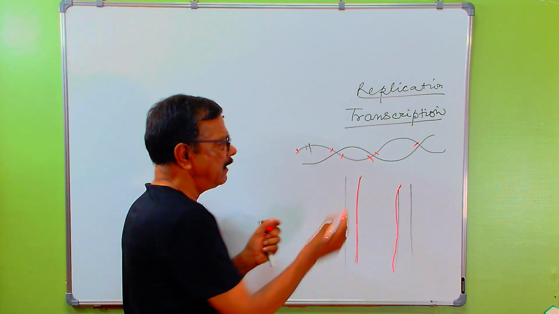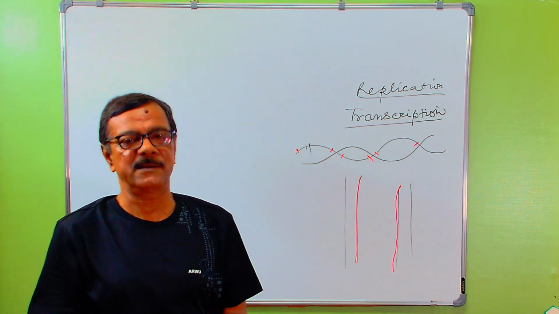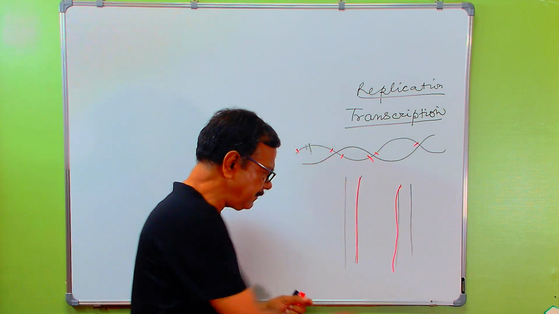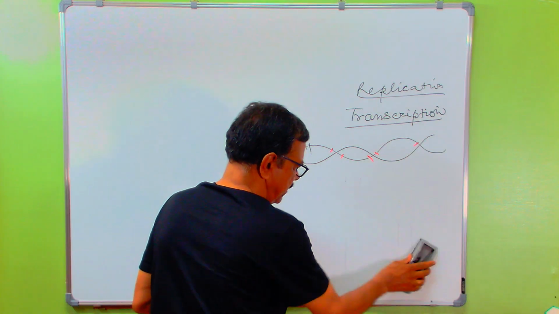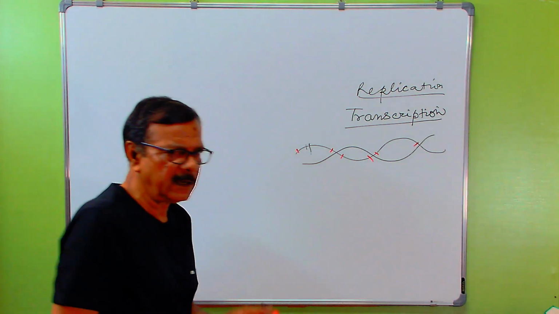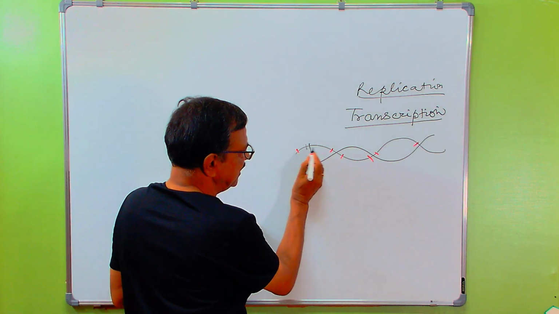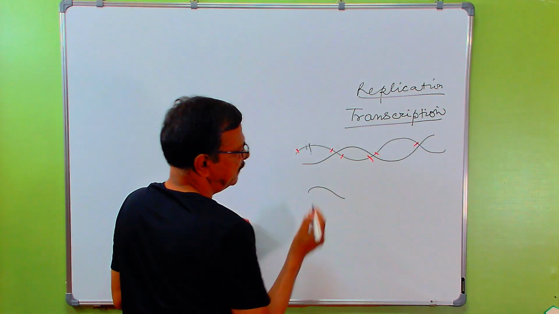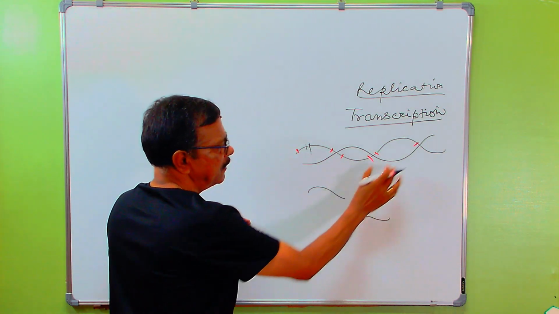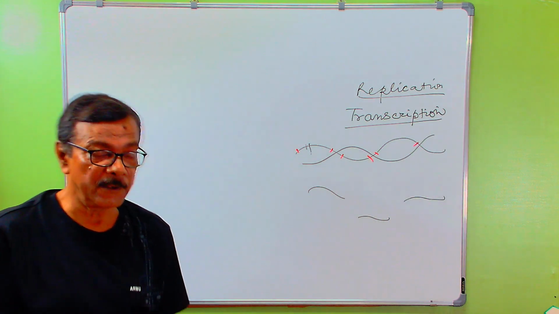So in short pieces, it will be transcribed into a single strand. In DNA replication we completed the total DNA. In a single strand, for this one, this will be produced. For this one, this will be produced. In short segments, it will be produced.